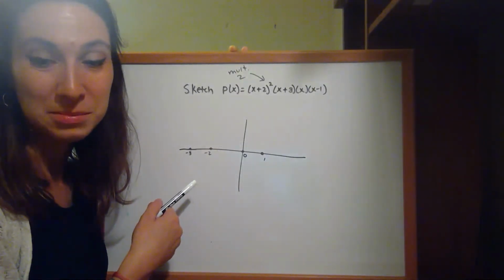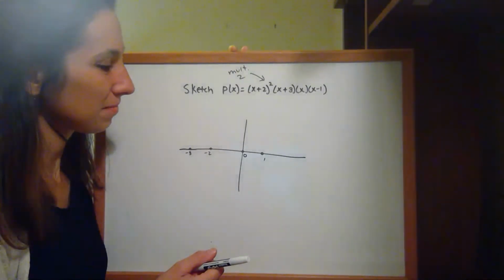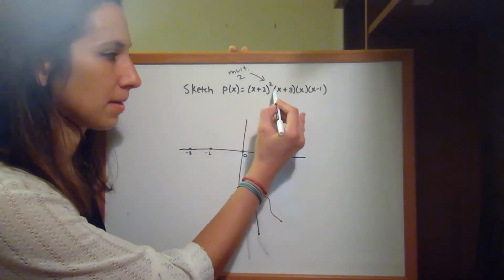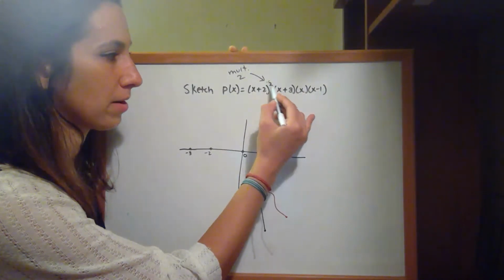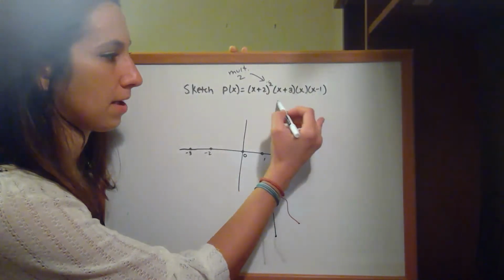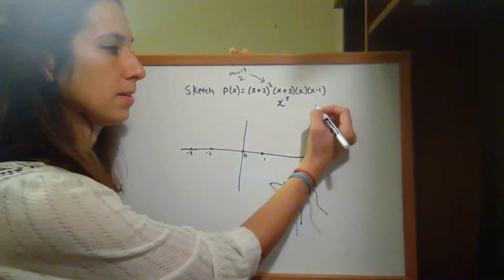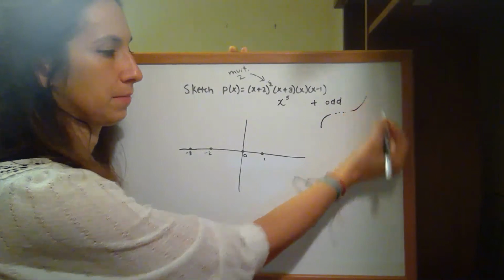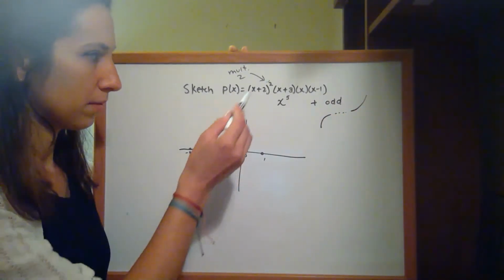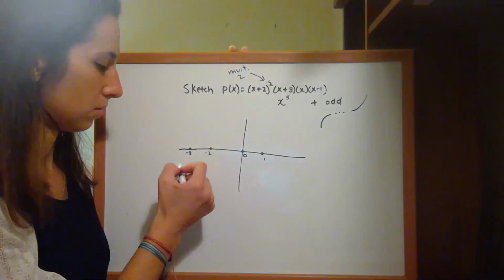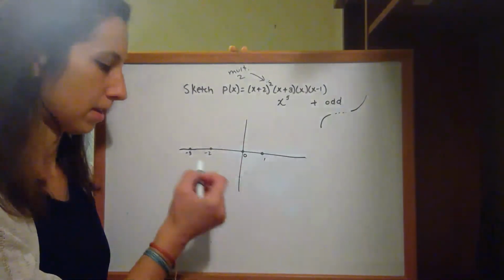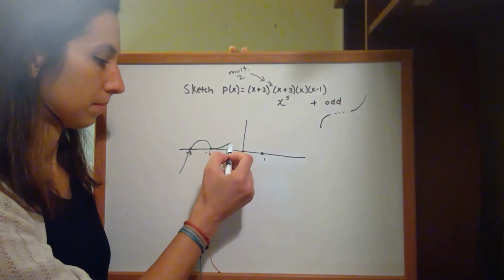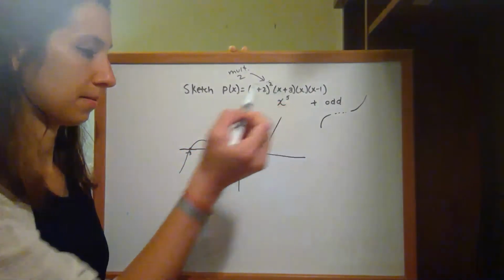This? Possibly. So the leading term is x times x times x times x, but there's a square here. So 1, 2, 3, 4, 5, x to the 5th. This is a positive odd, which means like this, okay? So we've got a bounce at -2. Somebody's driving very fast. Bounce, cut, and cut.